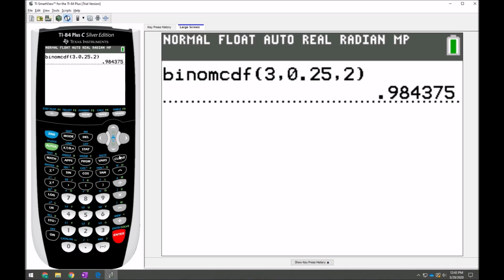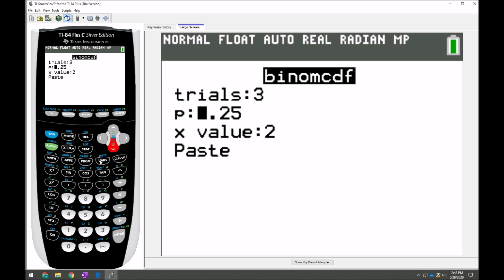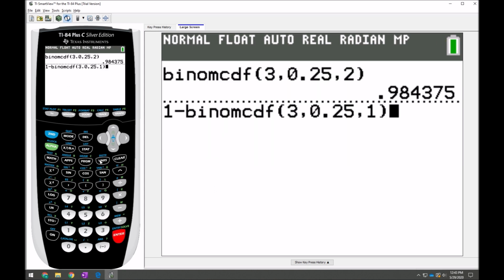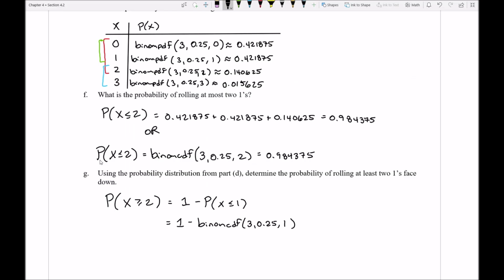Going back to the calculator, I could do 1 minus a binom CDF, and I would just change my final value here to 1. Again, I'm getting rid of the values that I don't want, and then I get 0.15625. And you could indeed confirm that that is going to be the same result as if I had just added these results together originally.